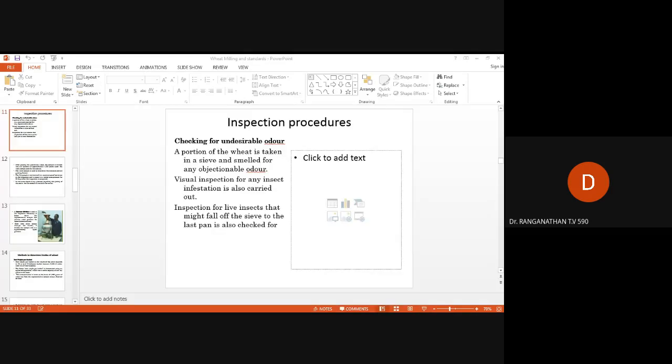And when you consider ponni or other things, you observe that the length and the breadth are almost the same. This we call the bold varieties. So when the length to breadth ratio is greater than one, that is, when the length is more than the breadth, we call them slender varieties. And when they are almost equal, you call them bold varieties.